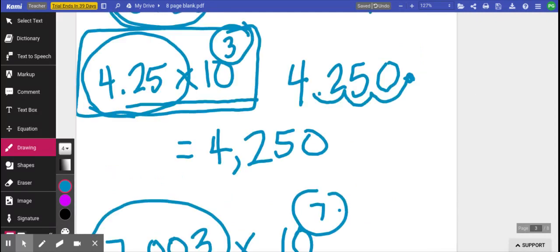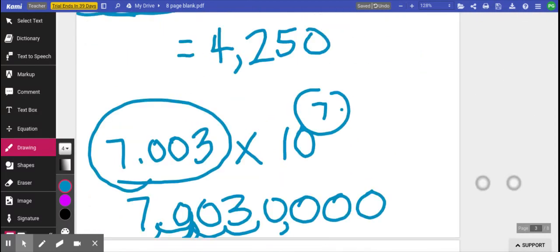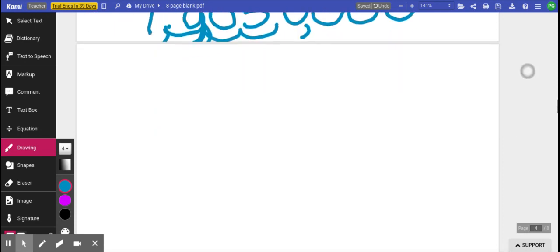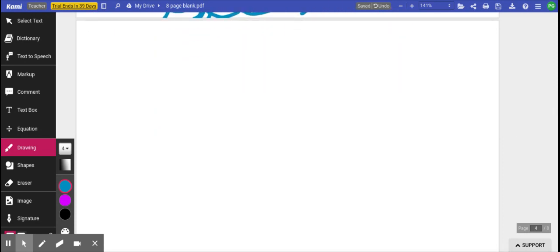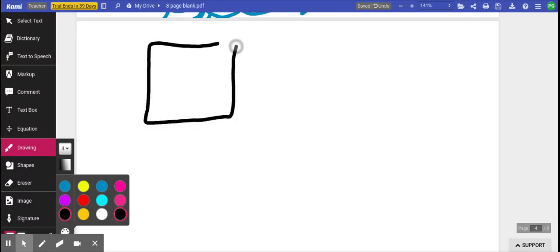When you're going to write a number in scientific notation, the first term is a number that's less than 10, but greater than or equal to 1. So this number is going to be less than 10 and greater than or equal to 1.